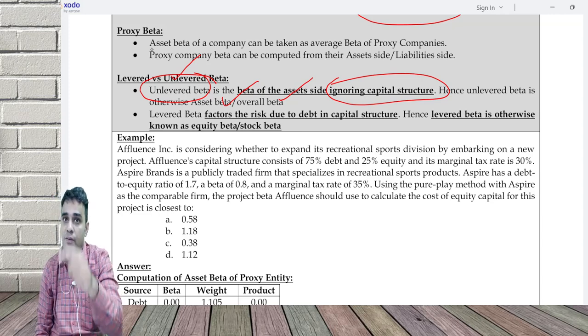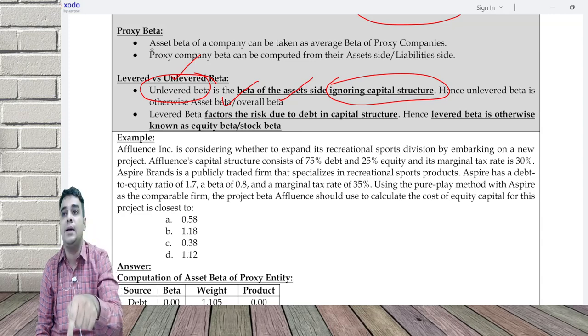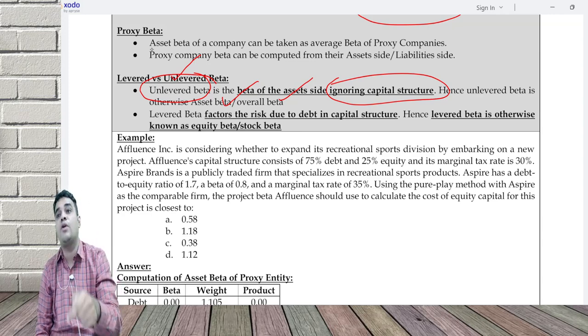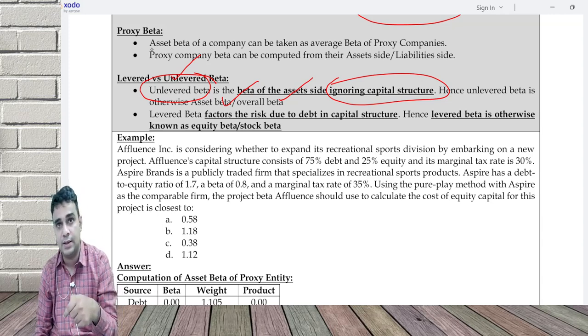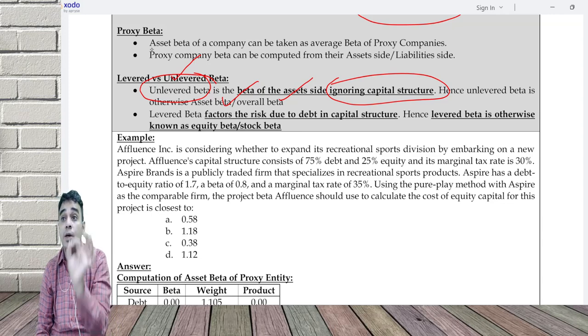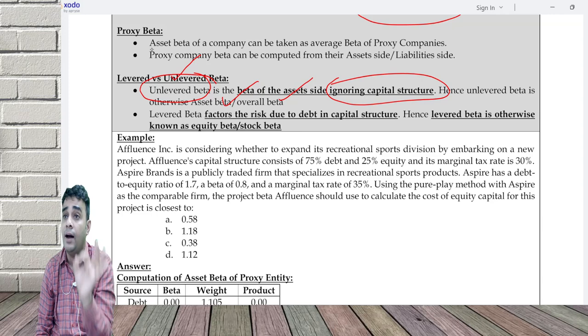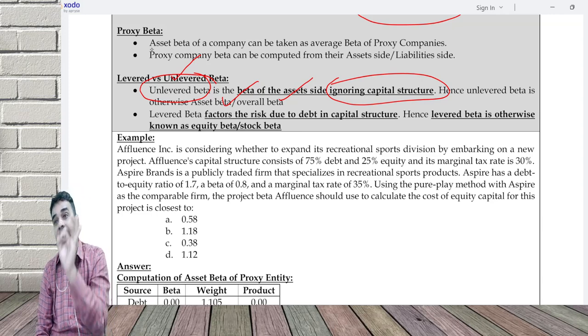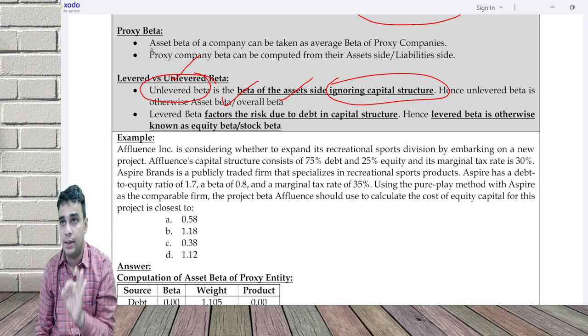If asset beta was given, first you have to calculate equity beta, then do K is equal to RF plus beta into RM minus RF, then apply the cost of debt, and then get the WACC. Only equity beta can be used to calculate cost of equity. Clear? Any doubts on this?